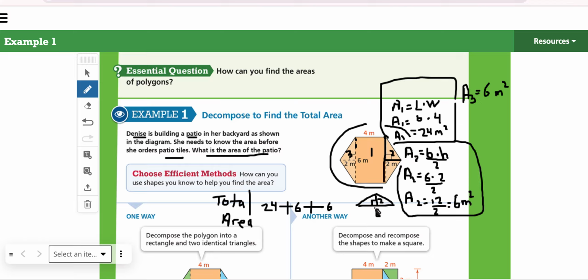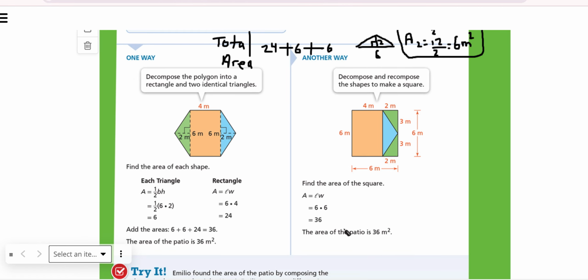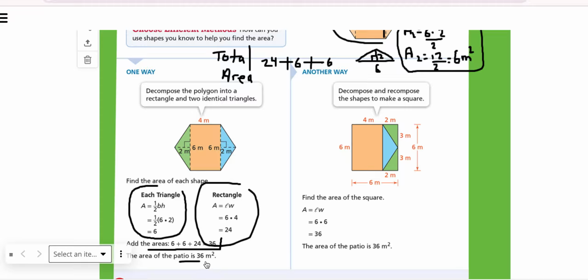Okay, so 24 plus 6 is going to give you an answer of 36, which is down here. You see, they did it for you, and you see how they did each triangle, and then they did the rectangle. Okay, so the answer will be 36 square meters.